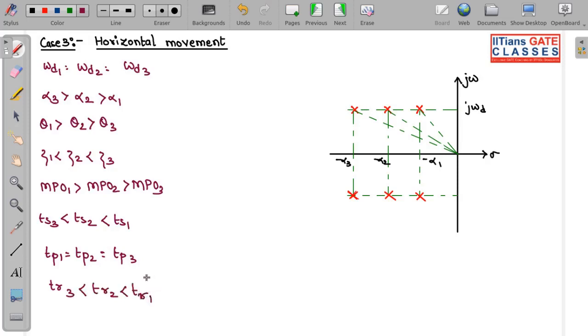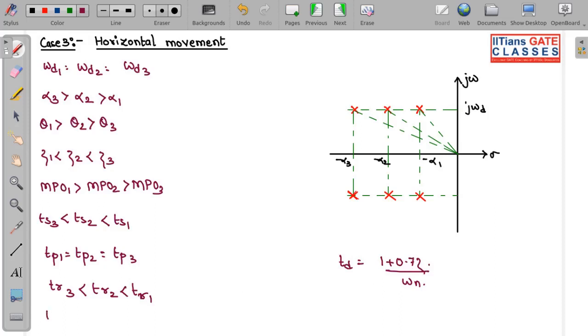Similarly, your delay time. Delay time is equal to 1 plus 0.7 zeta by omega n. Now over here, if omega d is constant and your zeta is increasing, that means your delay time will follow the same relationship as your zeta.